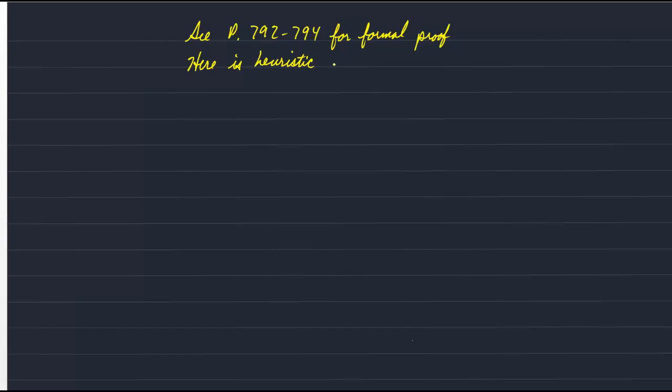Here's a heuristic derivation of the divergence theorem. You can look up heuristic if you don't know what it means, but it basically means you're using basic logic and intuitive reasoning rather than being strictly tied to mathematical relationships.